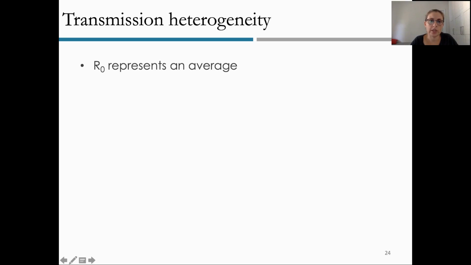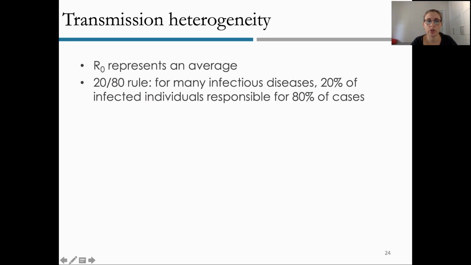And so transmission heterogeneity: R0 represents an average. And we know that actually there's a Poisson distribution around this average. Even more than that, we know from the literature that there's something which is known as a 20/80 rule. For many infectious diseases, we know that 20% of infectious individuals are responsible for 80% of cases.